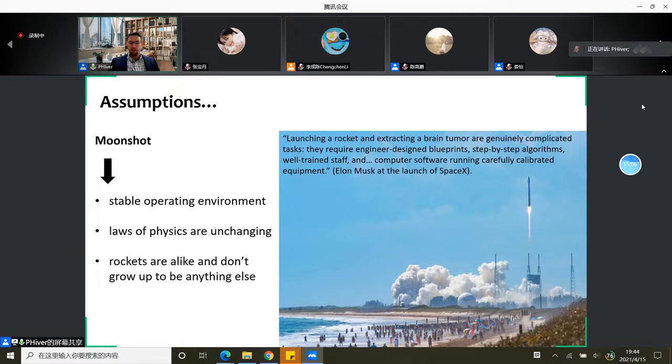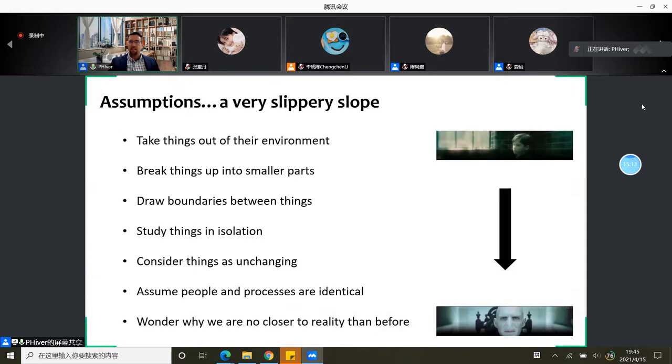So these are some of the assumptions that we can see in conventional research designs. But as you see, assumptions are a very slippery slope. As the quote-unquote engineers of research methods, when we design studies, we bring our own set of assumptions that we operate with too.